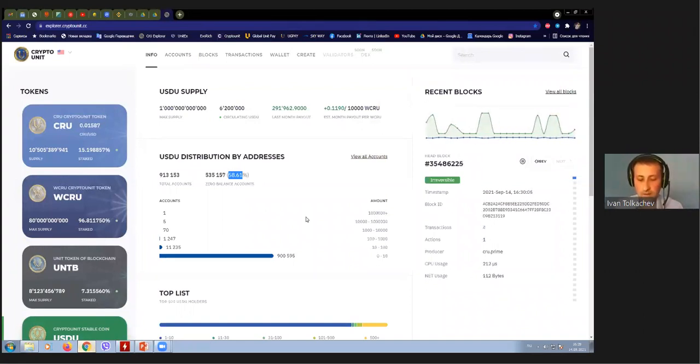Many people ask this question: how to track or trace the unfreezing of CRU and WCRUs? We remember that originally tokens are in a frozen state and they are getting unfrozen gradually. Specifically, WCRU tokens have a freezing period, lockup period of 365 days.